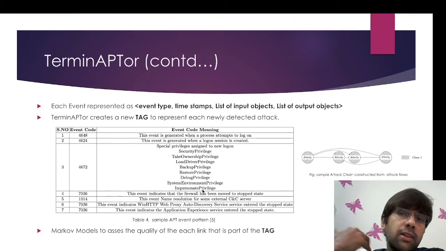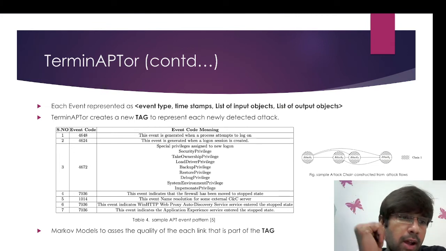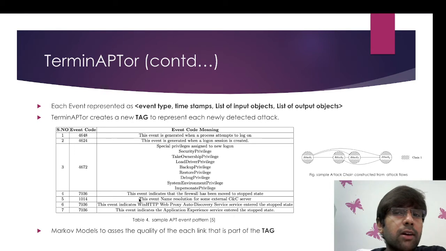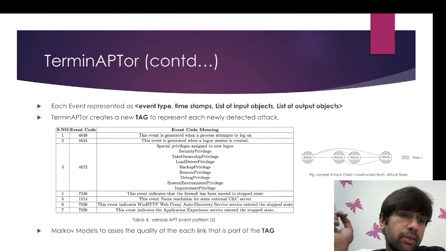All these privileges have been escalated by this particular process. Then after this privilege escalation, it will try to stop the firewall, and then go for name resolution. This happens when it tries to establish a connection between the victim machine and an external command and control server.